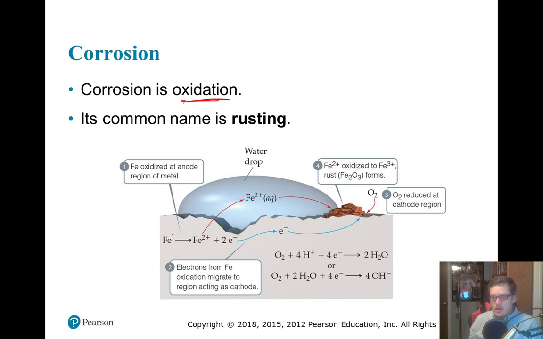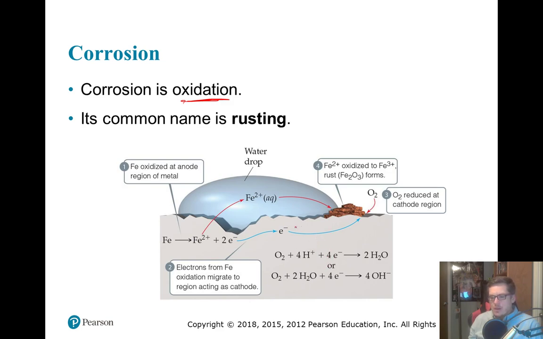When that occurs, your iron gets oxidized, and it goes from one side and gets deposited somewhere else. So your iron starts to get eaten away on the inside of the little water droplet, and on the outside of the water droplet you start to collect iron oxide, this brown gunk that's not nearly as strong, not nearly as resilient as the normal iron.